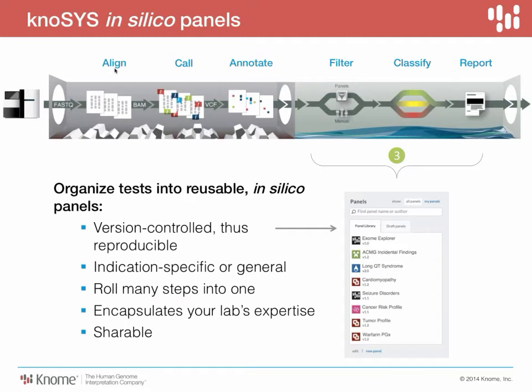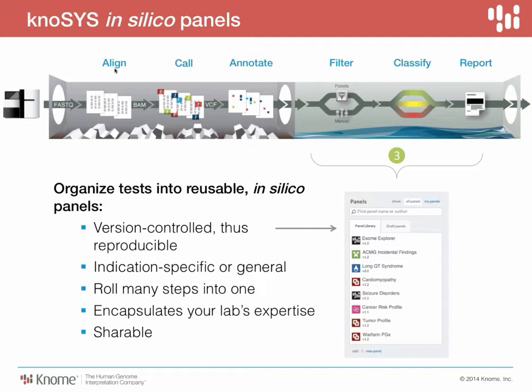So focusing in, as I mentioned, on the interpretive side of the process. After data have been aligned and called and annotated, how do you take the multitude of variants that come out and focus in on the questions at hand? So the concept that we put forth is that of the in silico panel, where these are version controlled and focused at either a very specific indication or for a general purpose.